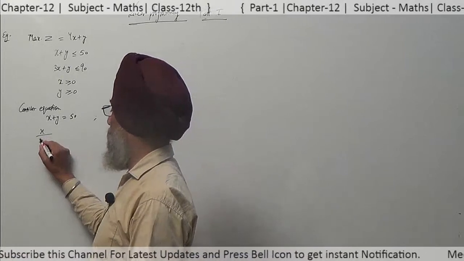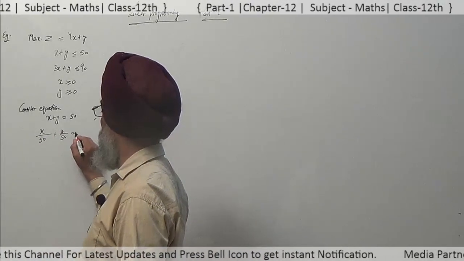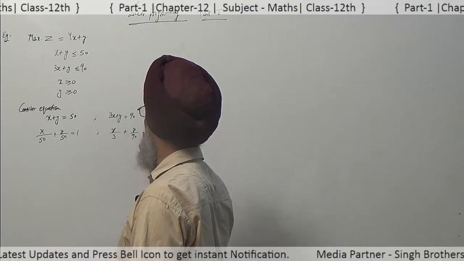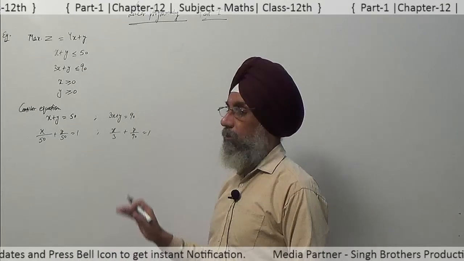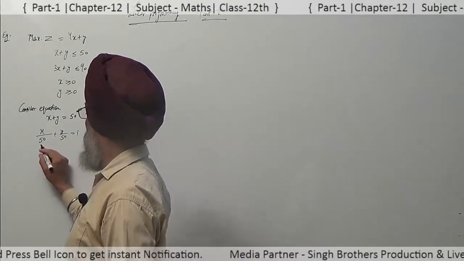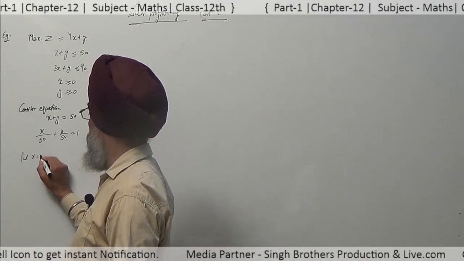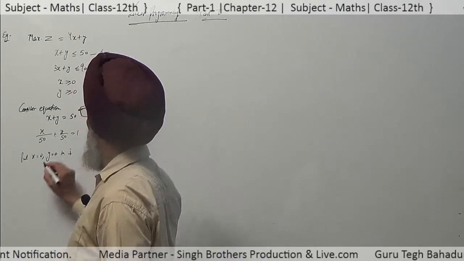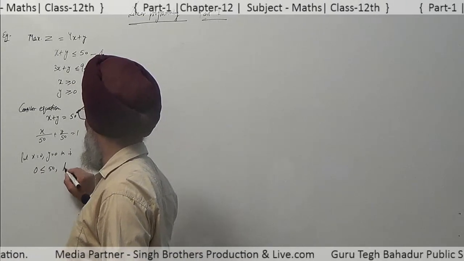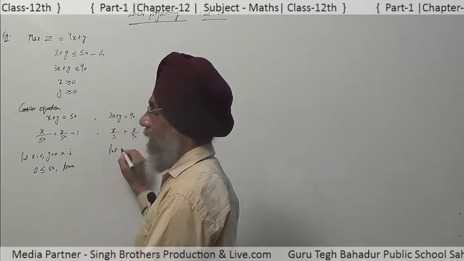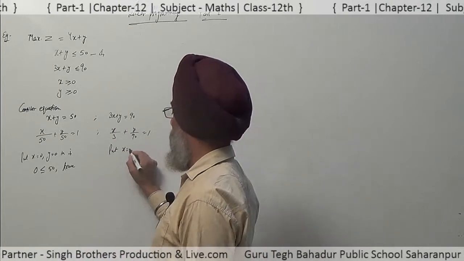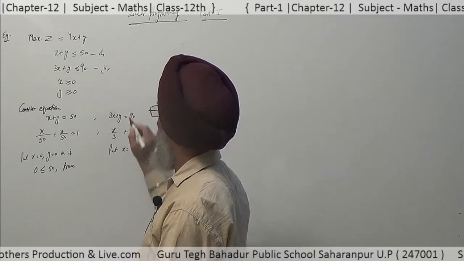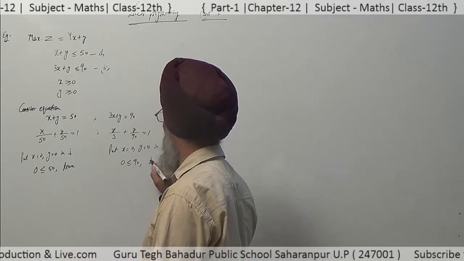So, it is x upon 50 plus y upon 50, dividing both sides by 50, and x upon 30 plus y upon 90, dividing both sides by 90. Now, if we put x as 0, y as 0 in the first inequation, we get 0 less than 50, that is true. This is known as the origin test. Put x as 0, y as 0 in the second inequation, we get 0 less than 90, it is also true.